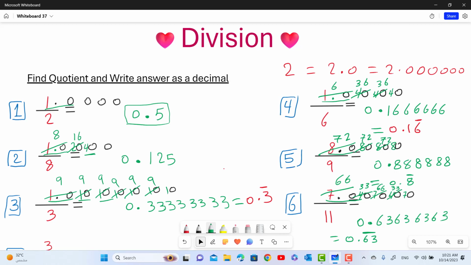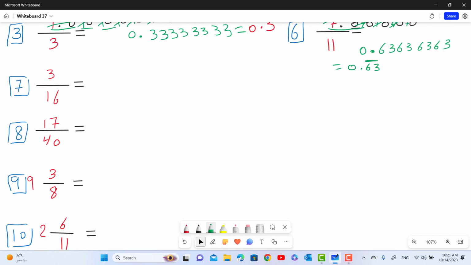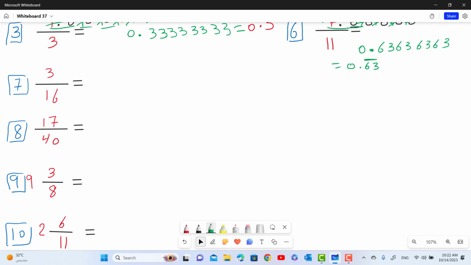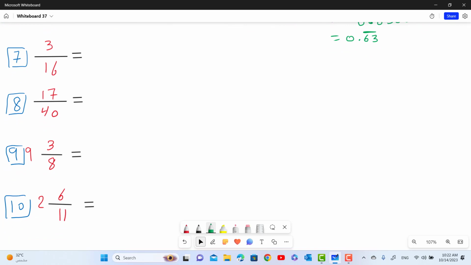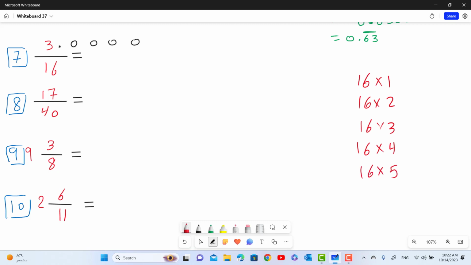Okay, let's solve more questions. 3 divided by 16, put dot 0, 0, 0, 0. But here we need the table of 16. Then we should write it here: 16 times 1, 16 times 2, 16 times 3, 16 times 4, 16 times 5.